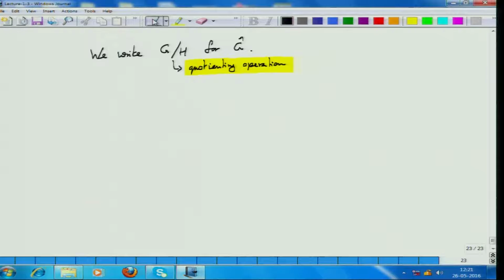So, this slash is a quotienting operation, and we of course always need to quotient a group with a subgroup, and the result of quotienting is another group.